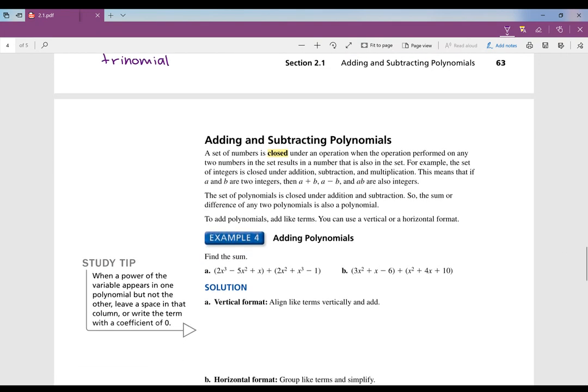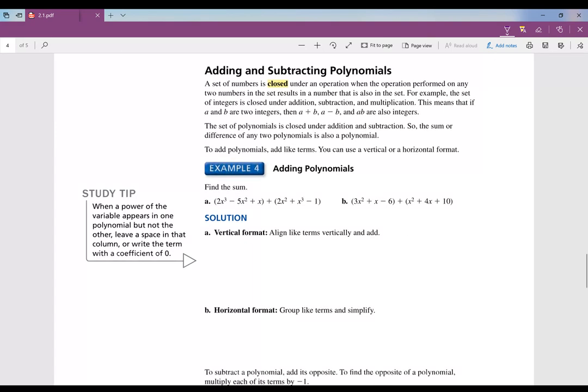All right, let's talk about adding and subtracting polynomials. A set of numbers is closed under an operation when the operation performed on any two numbers in the set results in a number that is also in the set. For example, the set of integers is closed under addition, subtraction, and multiplication.